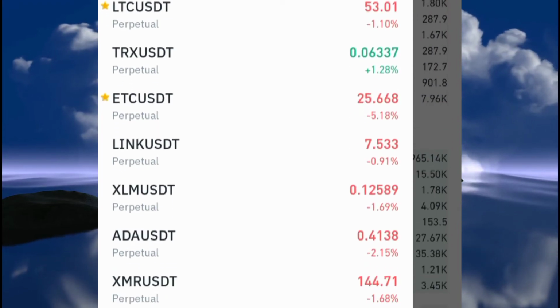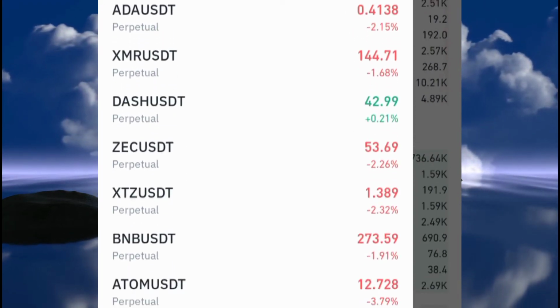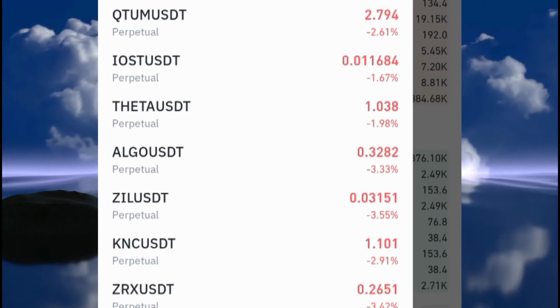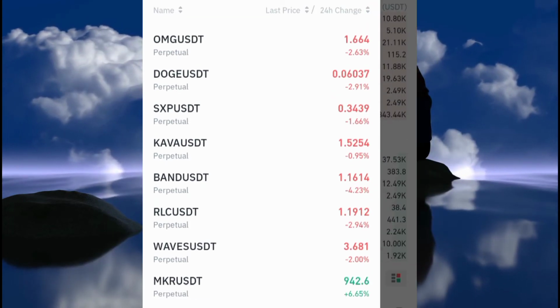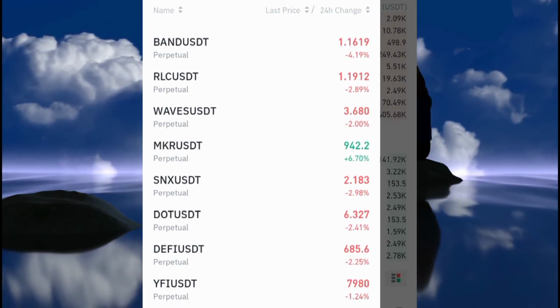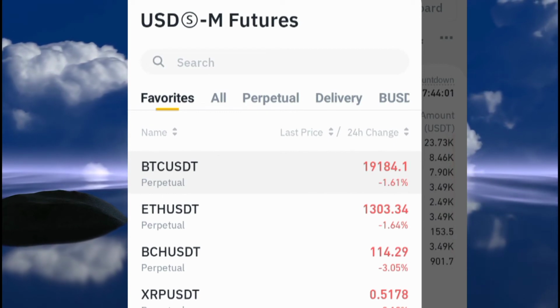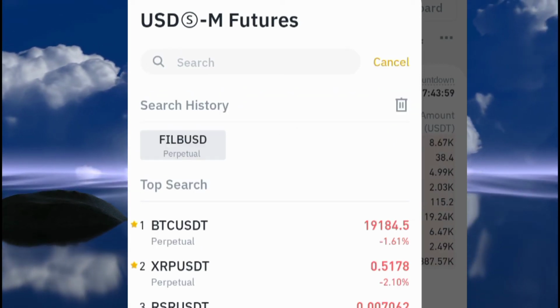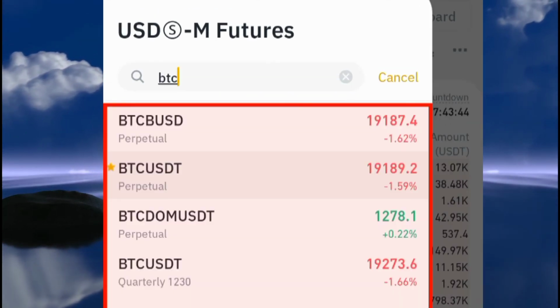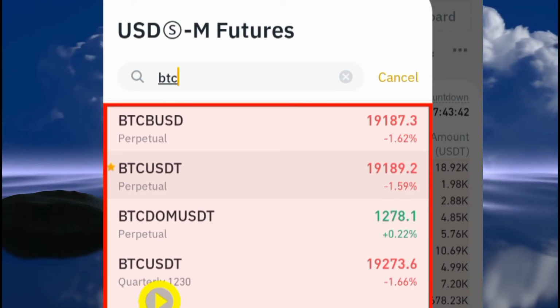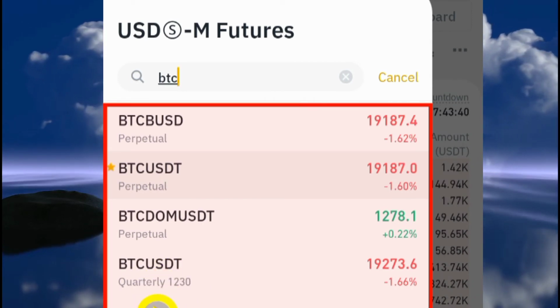So you can see all of the perpetual contracts that are listed here. Some of them are not perpetual futures contracts on this place. For example, to show you those ones, if I search for instance BTC, you can see that I've got this one here that says BTC USDT quarterly contract.